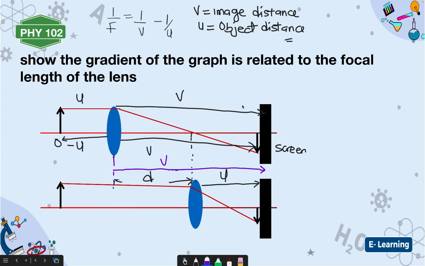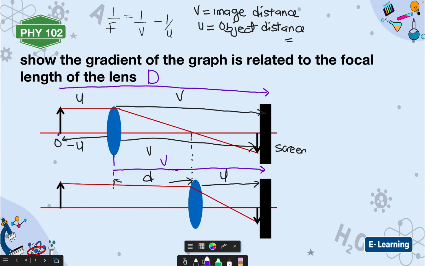If from here to here is V, it means from here to here is V. But we said this is U. Are you getting it? This is your U. Right? This whole place here is V. Here is our D. This from here to this position, that is from the object to the image, is our big D. Are you getting it? From here to here is our big D.